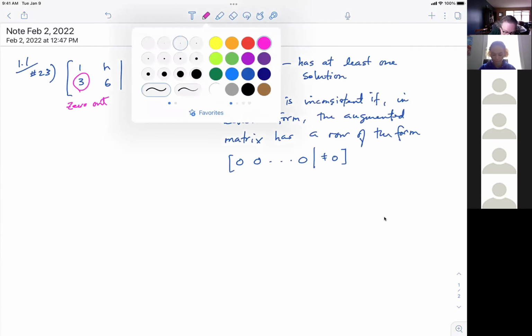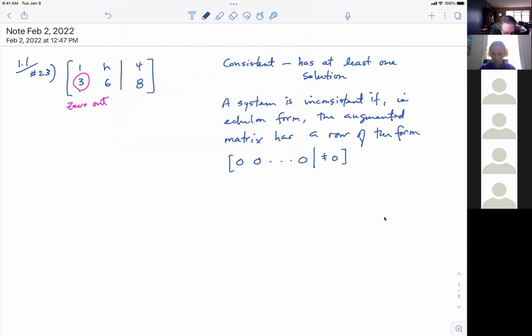All right. So to zero that one out, we need to do a row operation. We need to figure out what to multiply times 1, add to 3, and get 0. So clearly that's -3. So we're going to multiply -3 times row 1, add that to row 2, and that will give us a 0 under the 1. The first row is not changing, so it still looks like that.